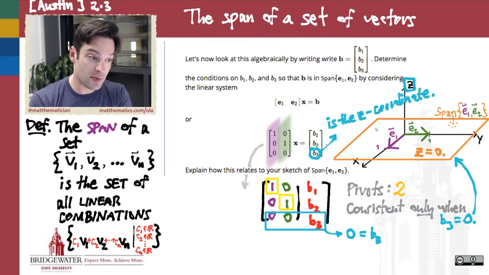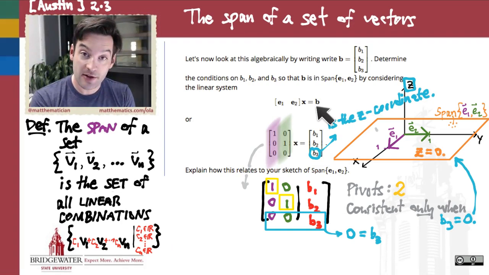And we've just come to appreciate that the question about which vectors belong to the span of a set of vectors is really the same as the question which vectors can be made linear combinations of our set of vectors, which is really a question about the consistency of this associated linear system. So this system is a consistent system exactly when the right-hand side vector b belongs to the span of the columns of my matrix.